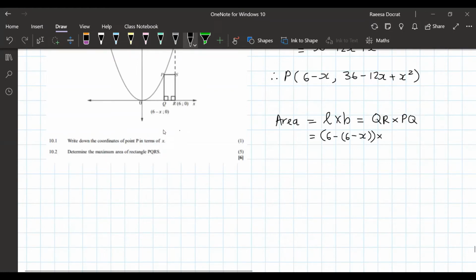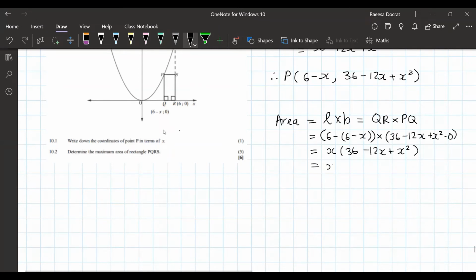So for PQ, we're going to do a similar thing. We're going to subtract the y coordinates because the x coordinates are the same. It's a vertical line. Okay, so now we simplify that. What we get is x times (36 minus 12x plus x squared).